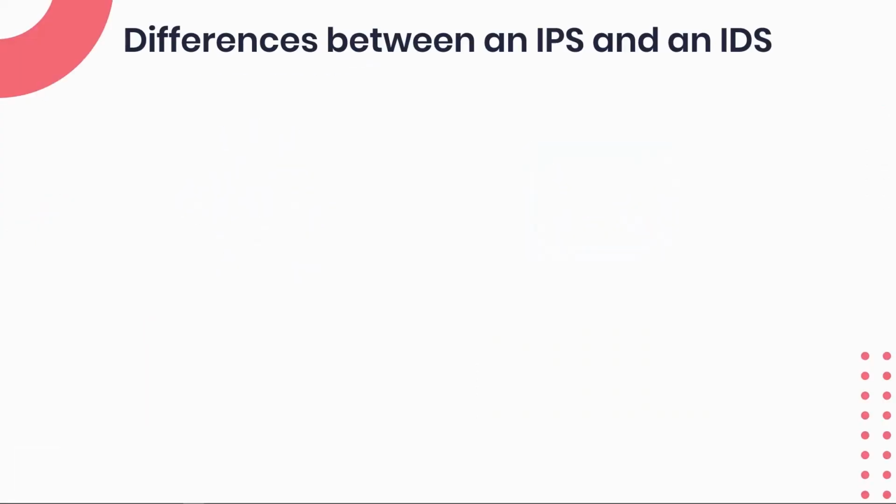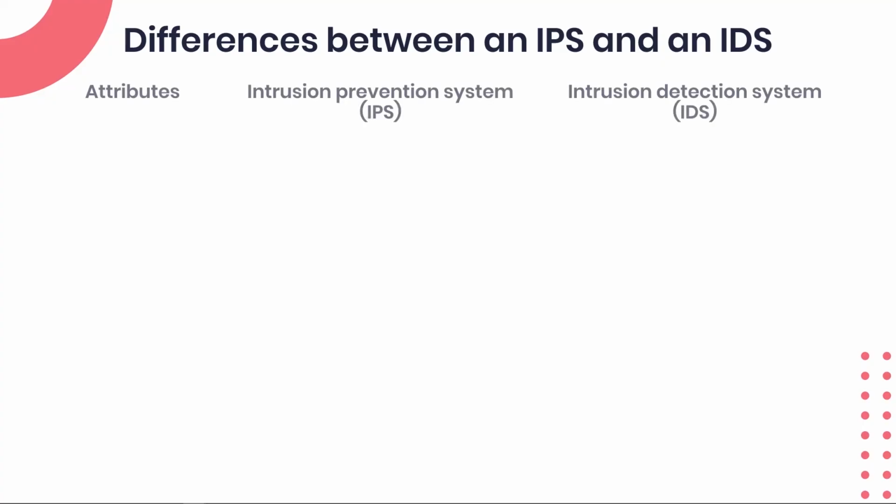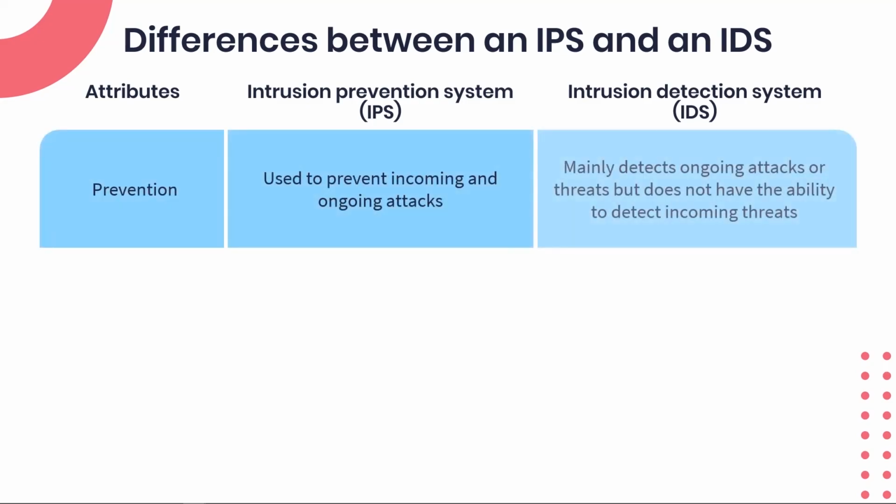IPS and IDS solutions work well together to increase the security of a network, but they do have differences based on the action taken when threats are found. Here is a table highlighting the main differences between them based on the level of protection they offer and how they operate. The prevention attribute with an IPS is used to prevent incoming and ongoing attacks.